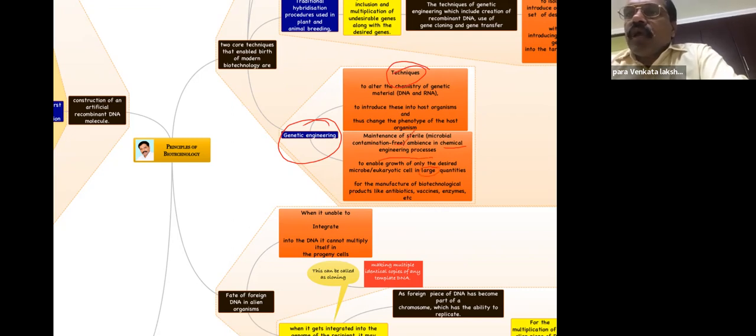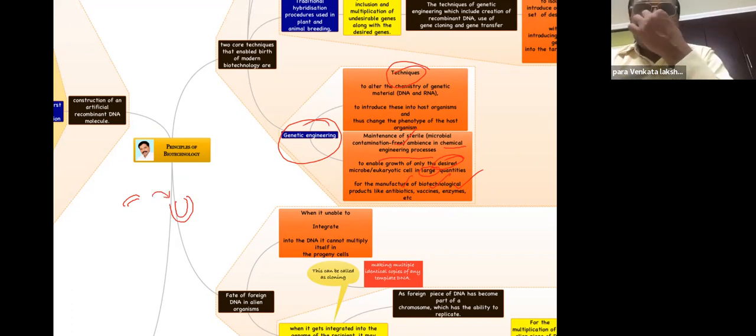Then we need to produce large quantities of the desired product, and here the product may be antibiotic or vaccine or enzymes, etc. And from the beginning, we are discussing that a desired DNA can be cut out from the human genome. Then we can combine it with this plasmid in the presence of ligase.